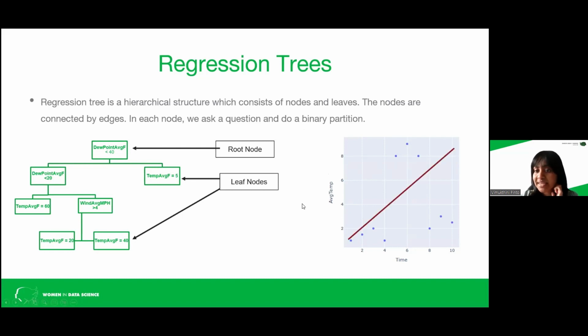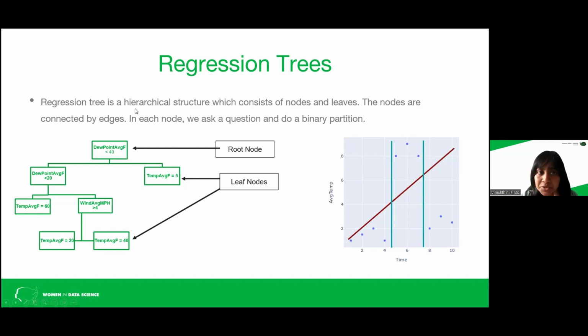If you fit this straight line, you see there's going to be a lot of error. So we cannot really fit this straight line, and instead of that, what if we split the data into different parts and then we make our predictions? So for something like that, when we cannot fit a linear model, we can use regression trees.